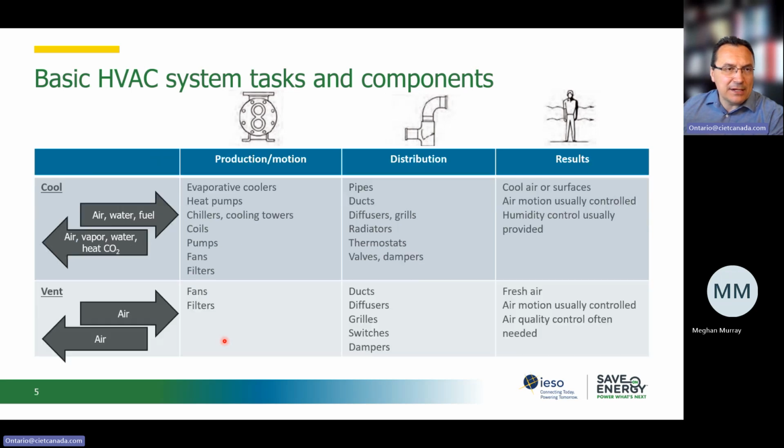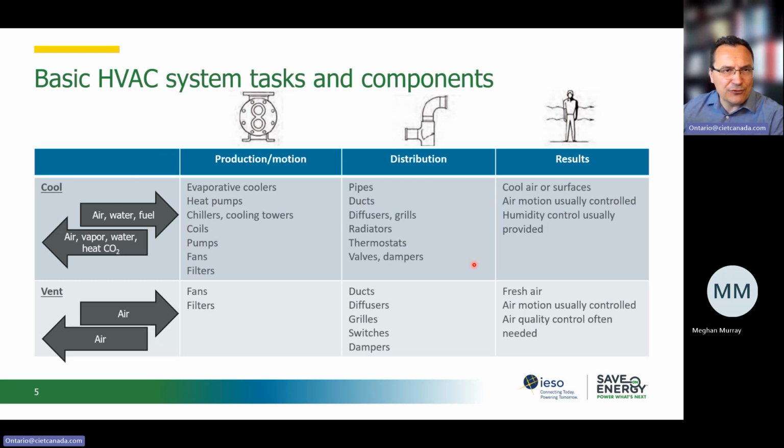So similarly for cooling, we have the end result that we are looking for, which means we want to maintain temperature and humidity levels that are comfortable for the occupants and equipment, with similar systems as we had for heating.